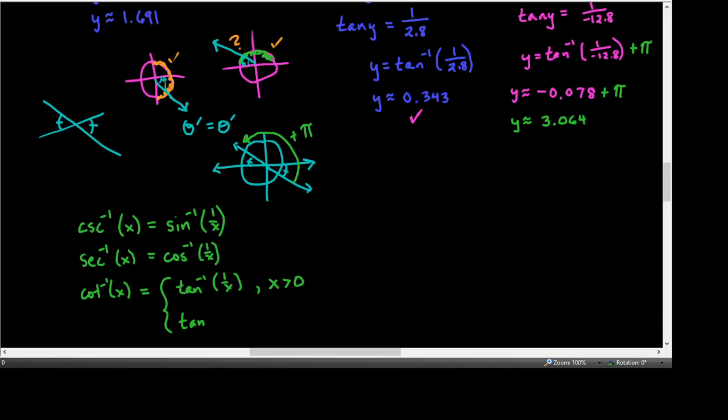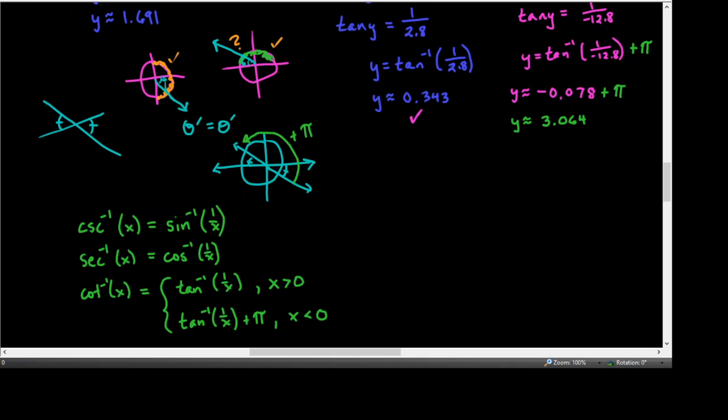For negative x's, you are going to take tangent inverse of the reciprocal still, but then you have to remember to add pi to get the right answer when x is negative. Does that make sense?